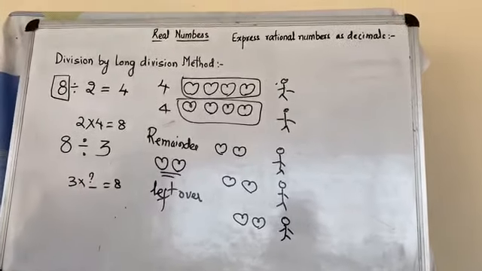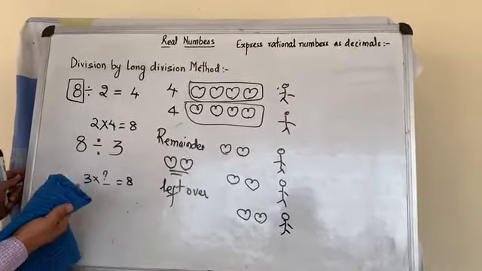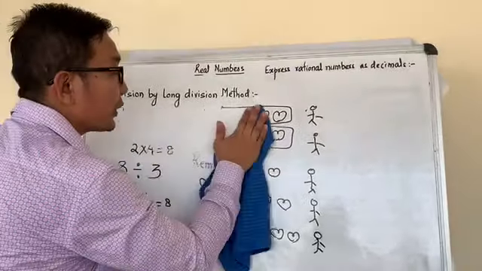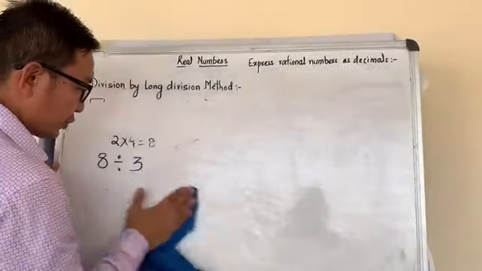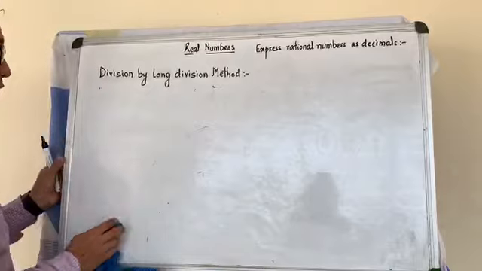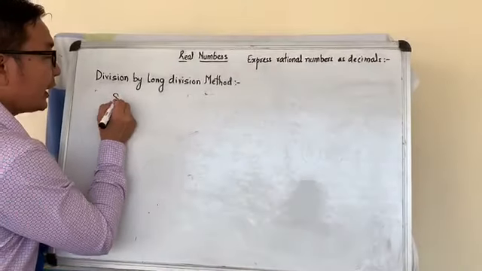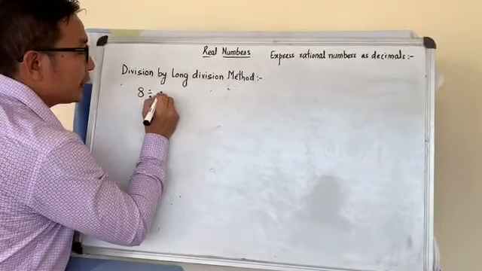So now we can do long division. So long division, we start with 8 divided by 2.